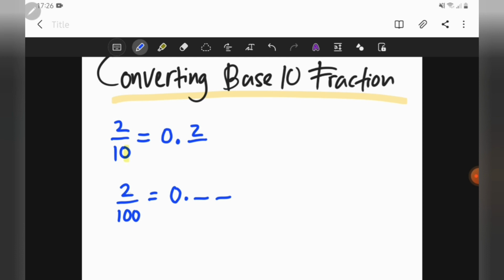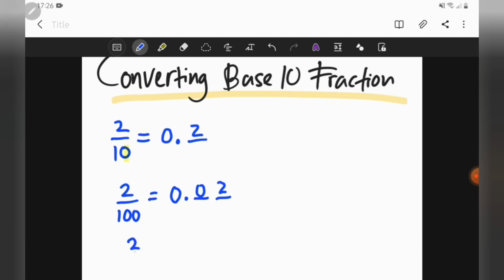This number should be the very last digit of this decimal, so you put 2 as the very last digit. And because there is nothing in the tenths place, we put 0 here. So the answer is 0.02.